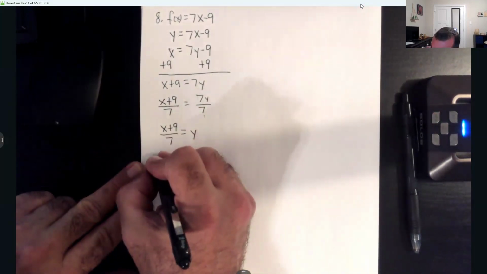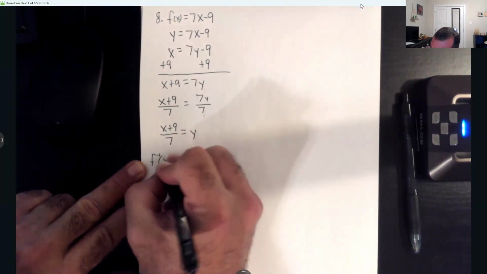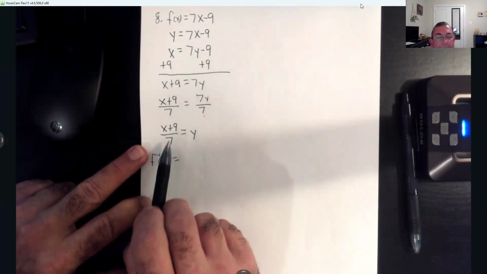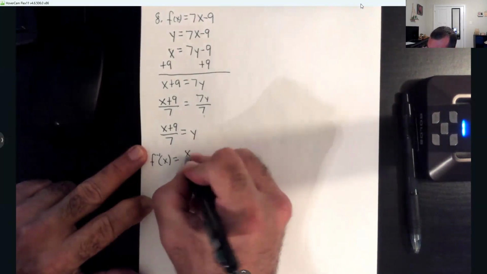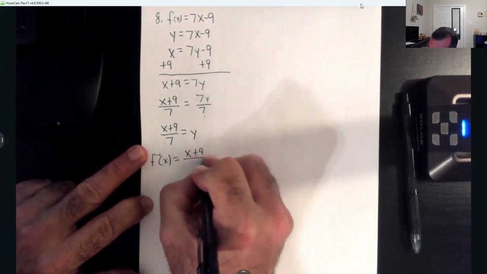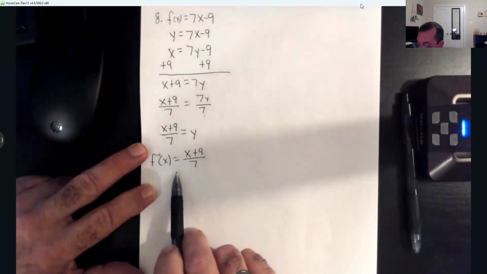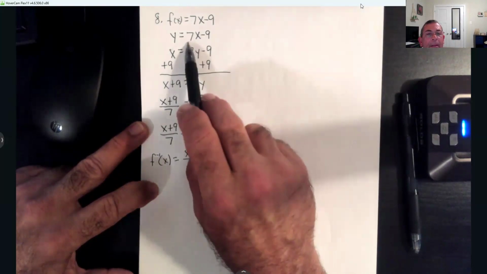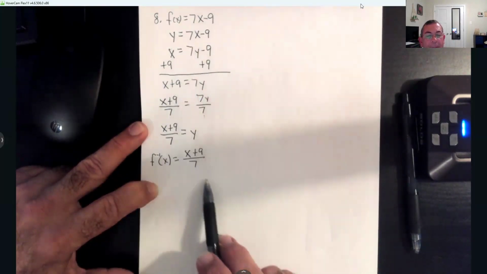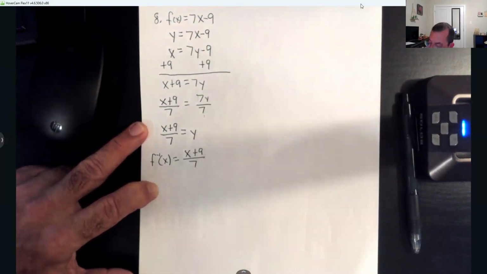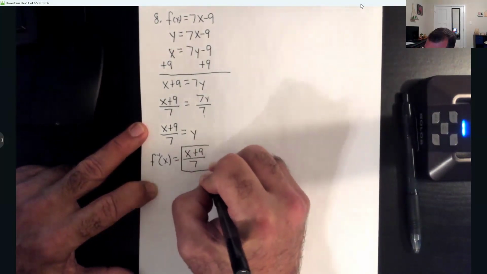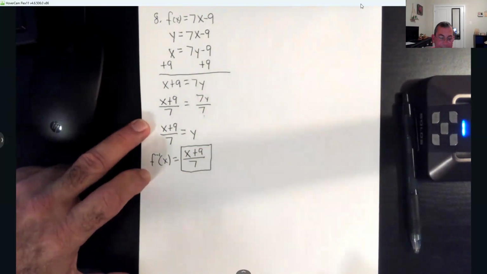So then you'll come down in your F inverse notation, and your answer would be x plus 9 over 7. So look at the opposites. The 9 was being subtracted, it's being added, it was being multiplied by 7, it's being divided by the 7, okay? So in Math Lab, we would put that answer right there.